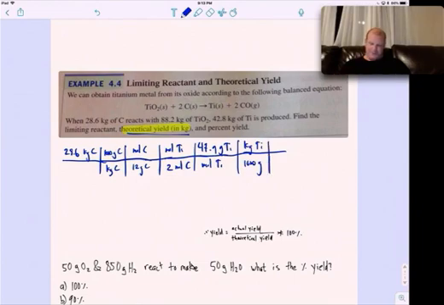Okay. Do the same thing for titanium dioxide. We have 88.2 kilograms titanium dioxide, 1,000 grams per kilogram, and mole TiO2.